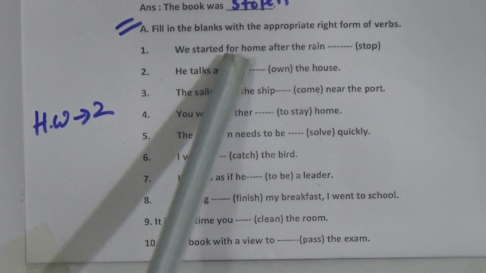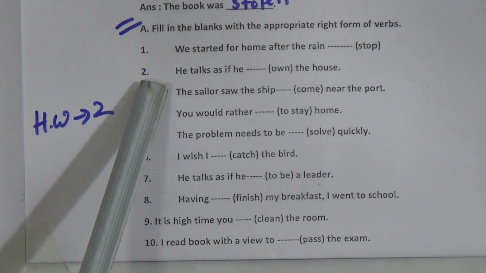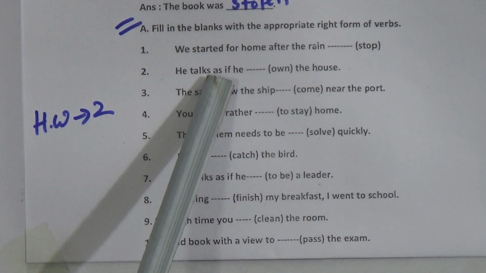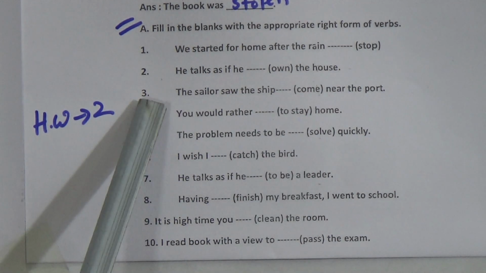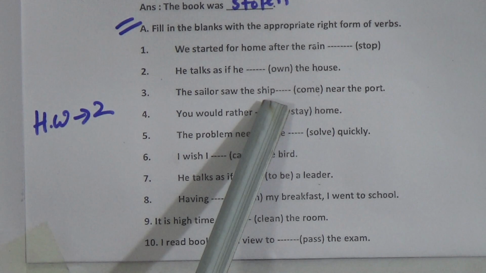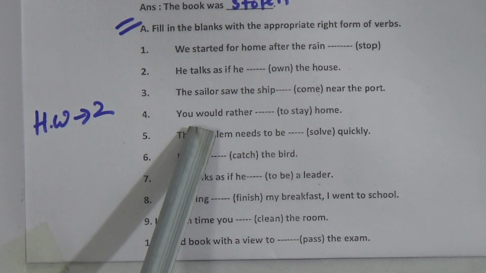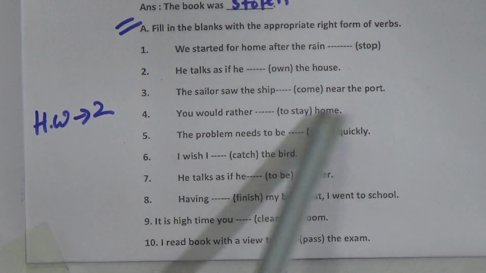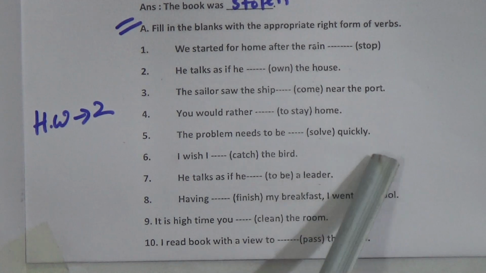Number 1, we started for home after the rain (stop). Number 2, he talks as if he (own) the house. Number 3, the sailor saw the ship (come) near the port. Number 4, you would rather (to stay) home. Number 5, the problem needs to be (solve) quickly.